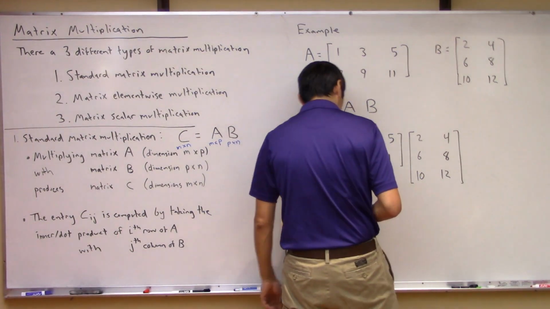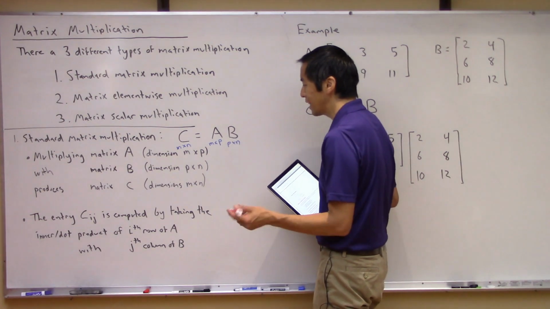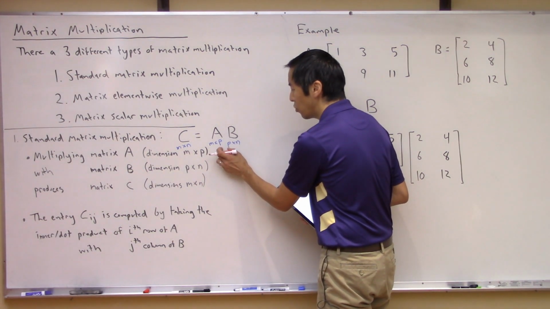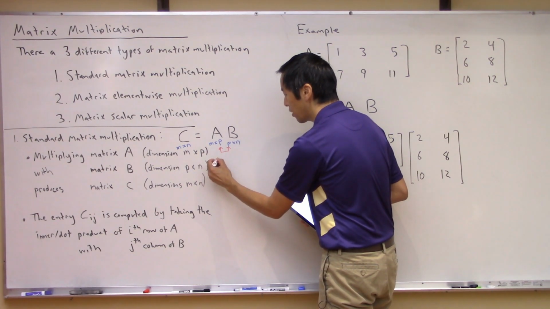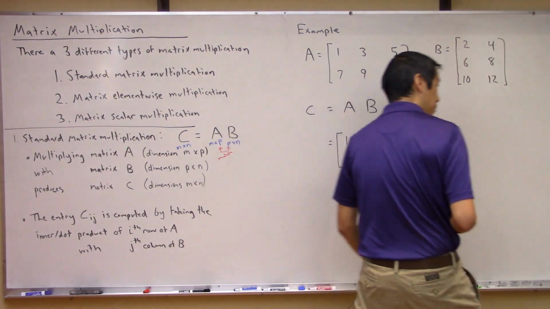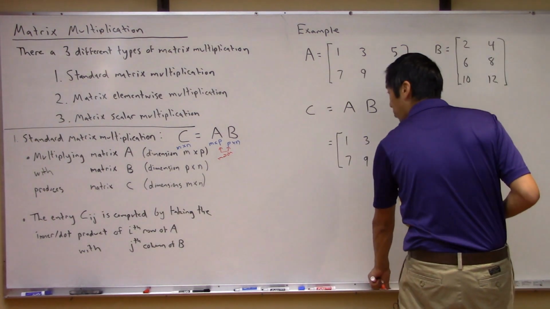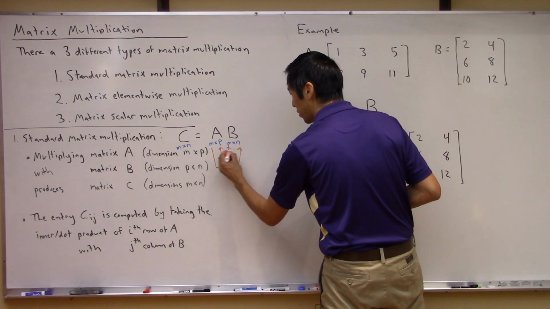A handy mnemonic that I've discovered to help me remember whether matrix multiplication is legal is that these two inner dimensions need to match. If they match, you are then able to produce a matrix of the outer dimensions.